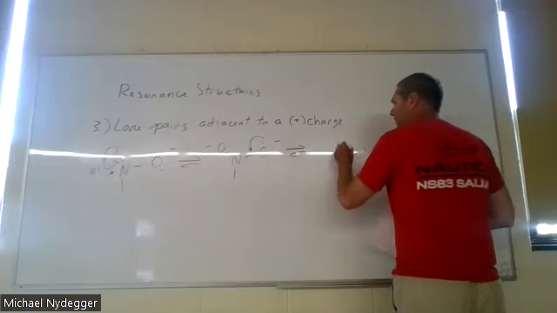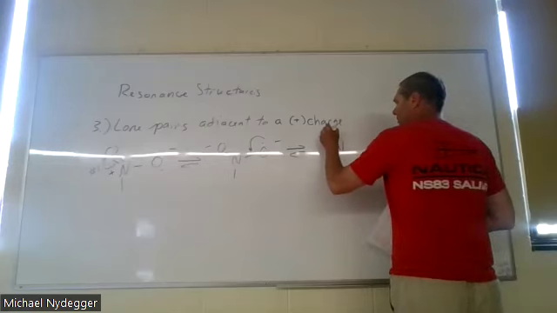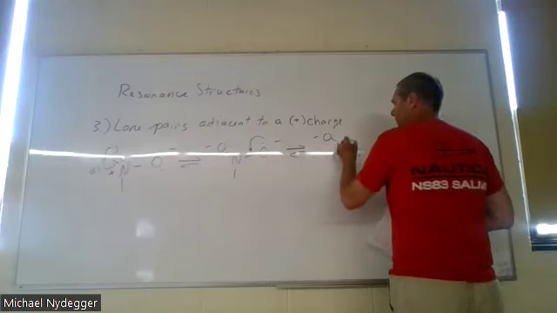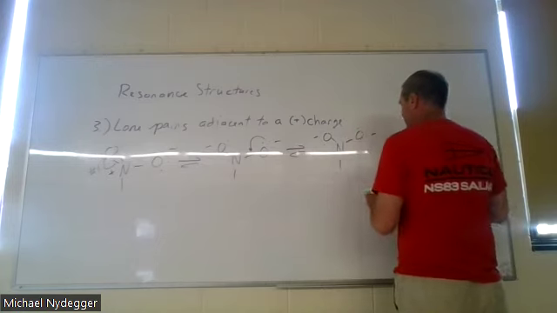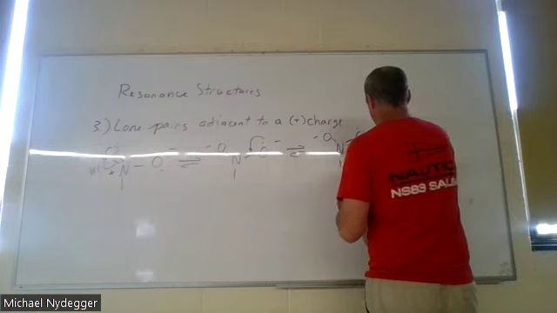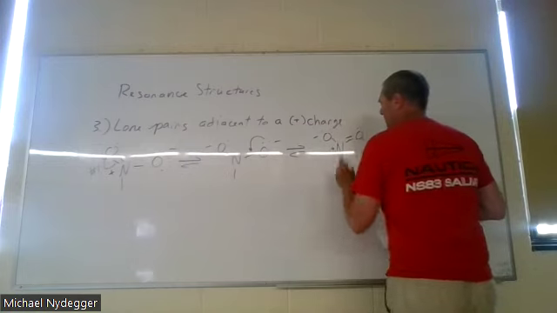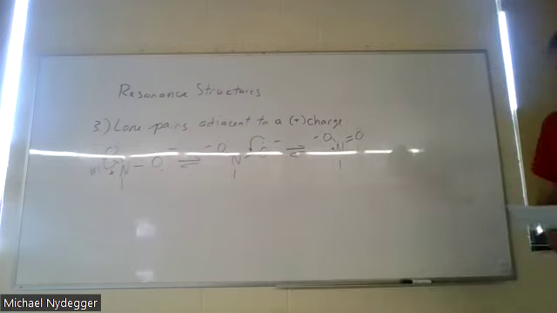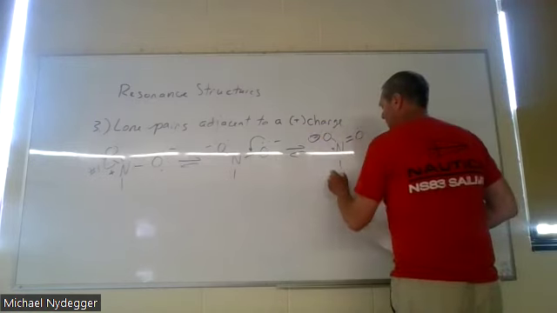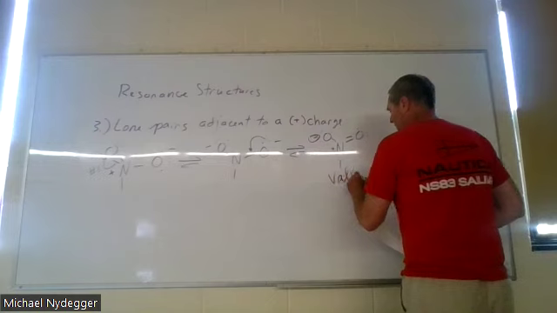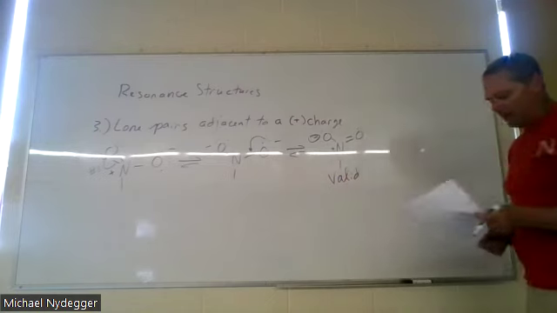And we get a nitrogen, negative, negative. Oop, there's no negative there. There's actually a double bond and it becomes a positive. And now this is a negative charge. This is now valid because we've not violated the octet rule.